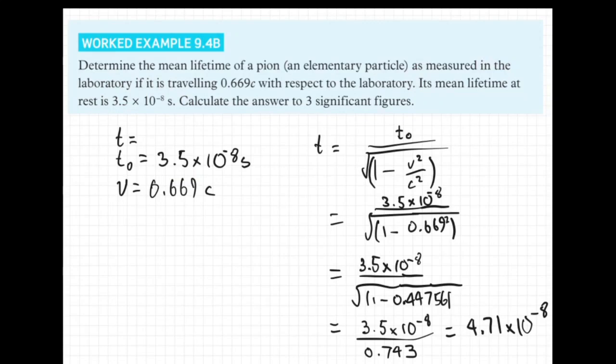Cool, so what do we know from that? What's the conclusion there? What takes 4.71 by 10 to the negative 8 seconds? According to us, stationary with respect to the lab, this moving particle takes longer to decay than when we see it at rest and watch it decay. Now for the particle, does it know it's going slower?